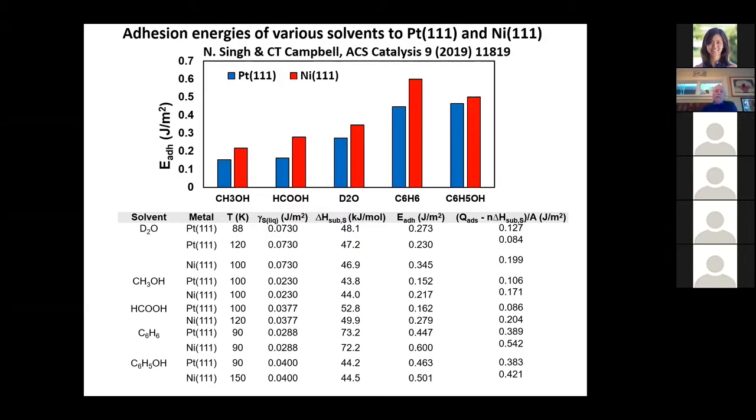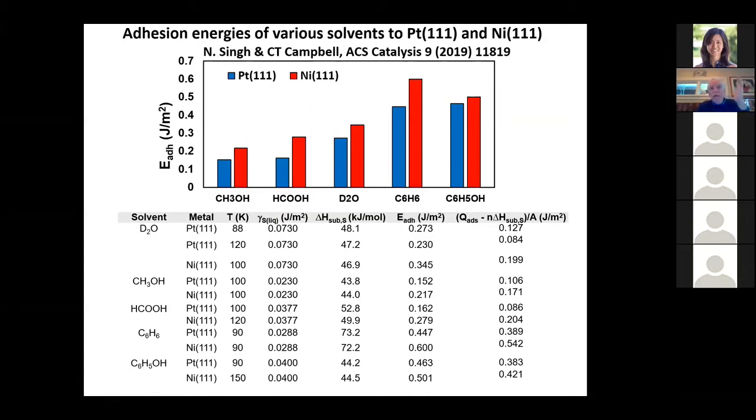And that means that there's going to be sort of 60 kilojoules per mole higher heat of adsorption of phenol or benzene if you're doing it in those solvents that have these low adhesion energies, according to that bond additivity model that I developed. So there's a huge tunability in what you might do with the choice of solvent that you can see already here.